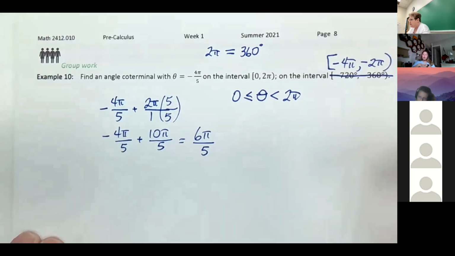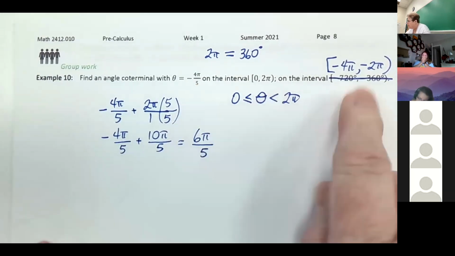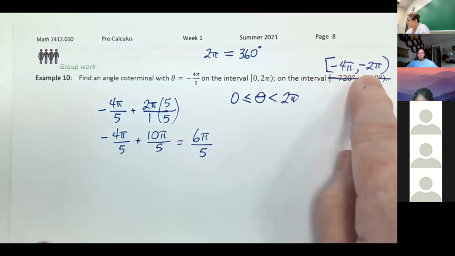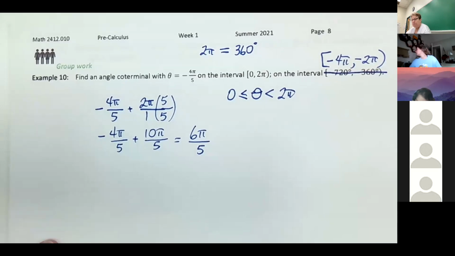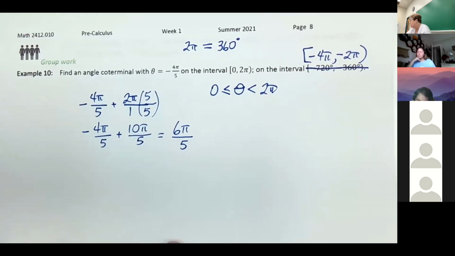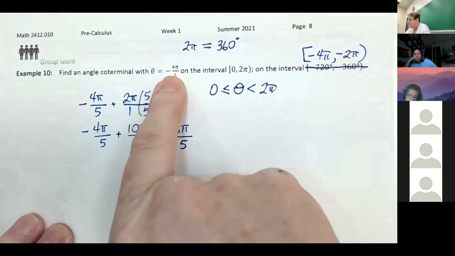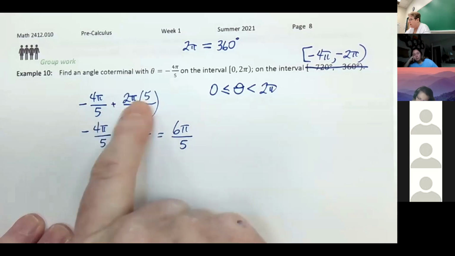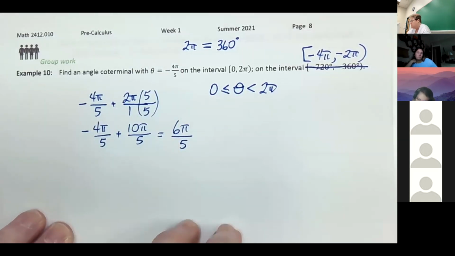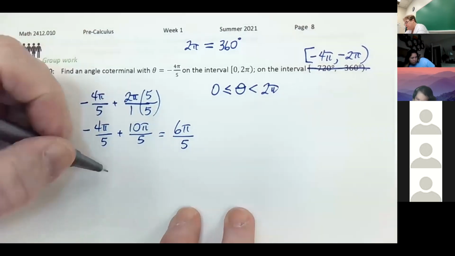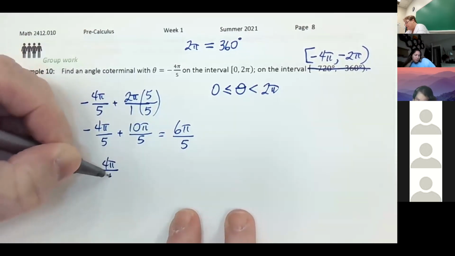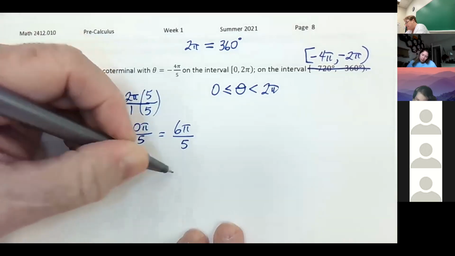How can I get an angle that is coterminal with these two angles that is between negative 4 pi and negative 2 pi? In other words, how do we go backward? We add 2 pi to go forward. What do we do to go backward? Yeah, we're going to subtract 2 pi. So negative 4 pi over 5 minus 2 pi over 1.